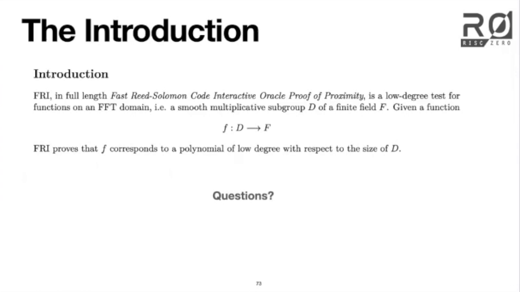And what that tells us is that if you take a polynomial and you inspect it at a bunch of random places and you keep seeing that the polynomial is equal to zero in those places, you can be pretty sure that the polynomial itself is actually equal to zero.